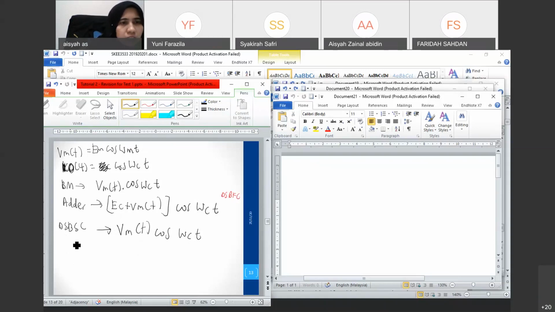For the SSB, because SSB is more about the frequency spectrum, the mathematical equations are hard to explain. So just state that it goes through the filter USB or LSB.